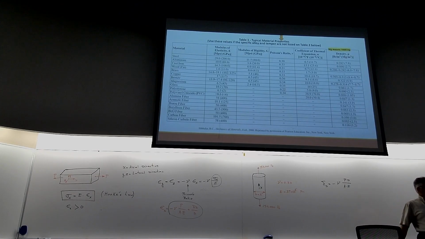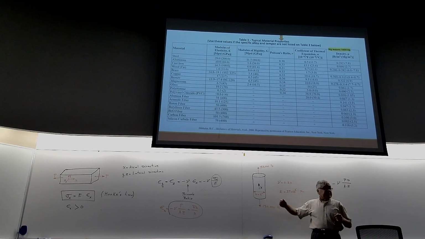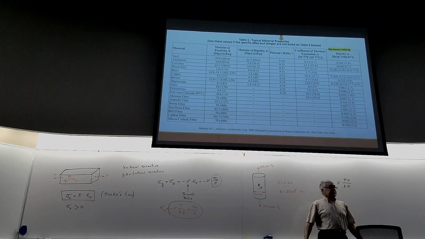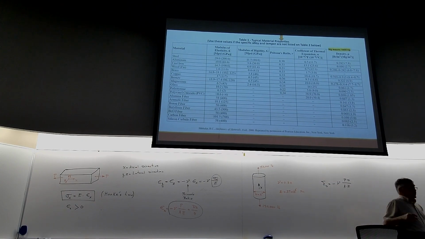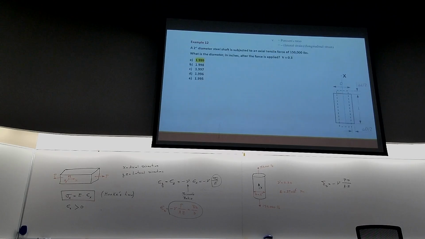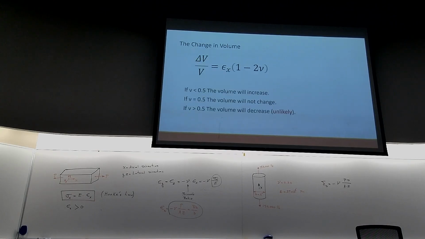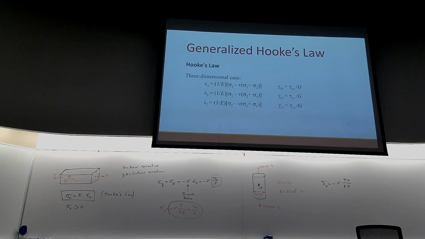So for all these materials listed here, if you do something like this, the volume goes up. Not by much, but a very small amount. It is not impossible to have a material with nu bigger than 0.5, but it's very unlikely that you pull on a material and the volume actually goes down. And we're going to do this page in one example and take our usual break.